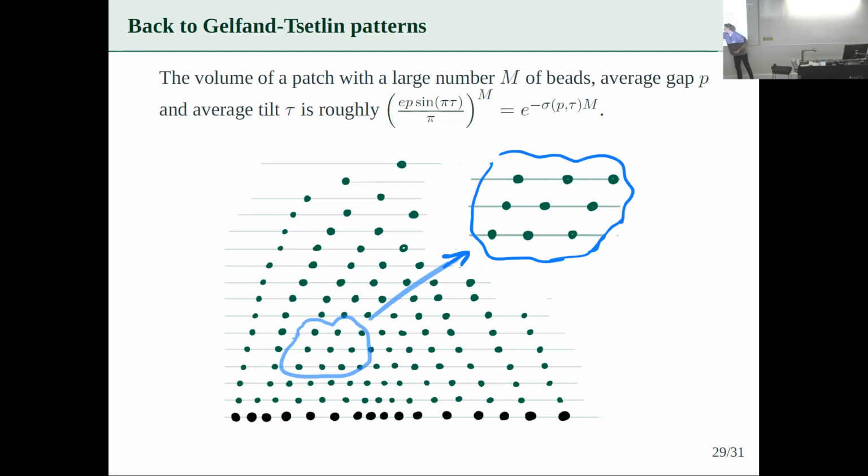When we look at a patch like this, each patch has a regular gap and tilt. We know roughly the volume of each patch, and when we chop it up into patches, these beads macroscopically configure themselves in the most efficient way. It creates the most space.